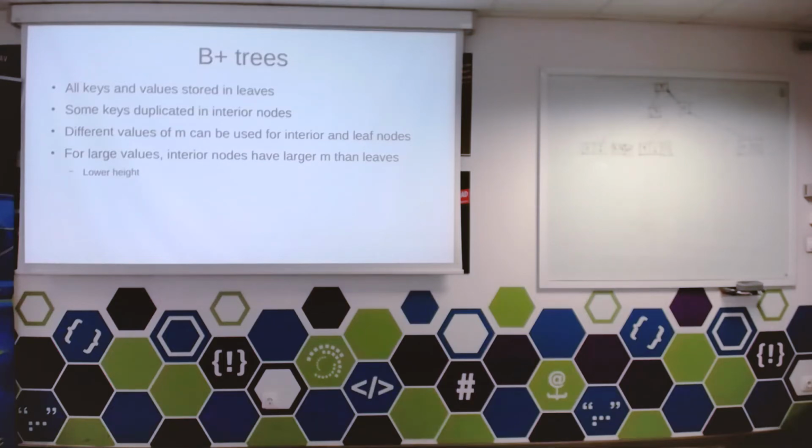Say if your key size is 8 bytes and your value size is 64 bytes, with 4K blocks in a B-tree, you get down to something like 50-ish children, whereas with a B plus tree, you can go to 250.